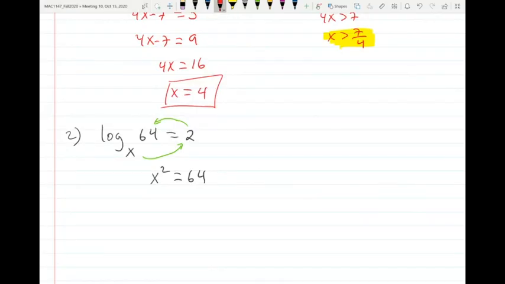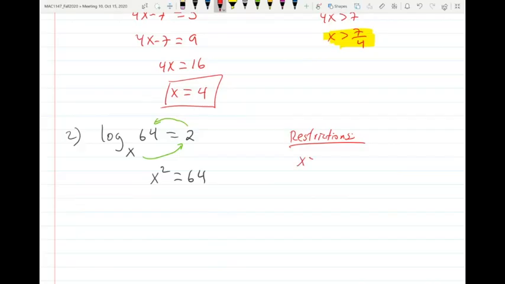Now remember, let's write down our restrictions because we have to be very careful here. What are the restrictions that we have? Well, let's look at the original problem. The x now is in the base, right? So what do we know about the log? When we define logarithm, what do we say about the base? What are the restrictions on the base?